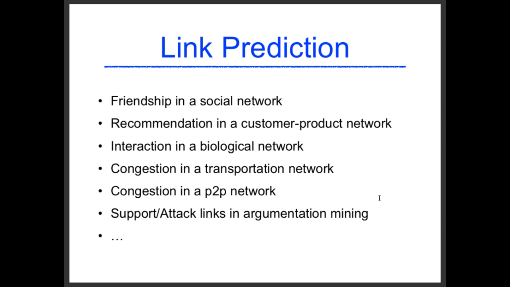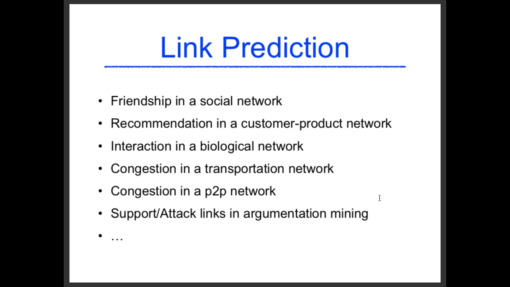And the same holds for transportation, internet, biological networks, as has more or less already been said. The last example is something upon which I want to spend a couple of words, because again, it's an example we have later on. It's argumentation mining, which is a natural language processing task. If some of you have ever heard about argumentation in general, it's the discipline which studies how humans debate and reason, okay?